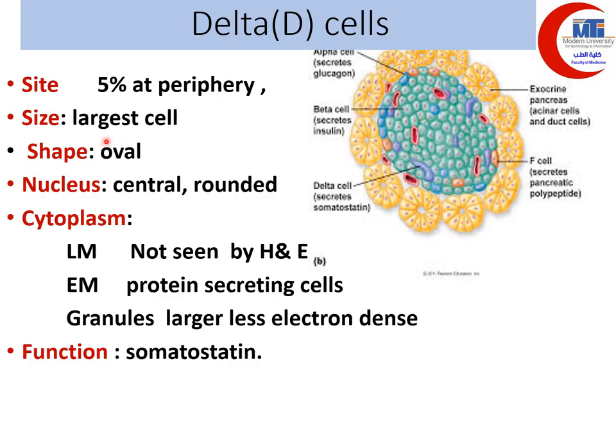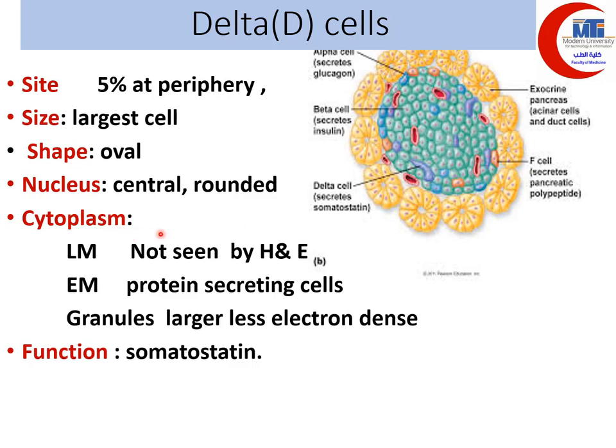Delta cells are the largest cells in islets of Langerhans. They are oval in shape with central rounded vesicular nucleus, as these cells are protein secreting cells, so the nucleus is an active nucleus.